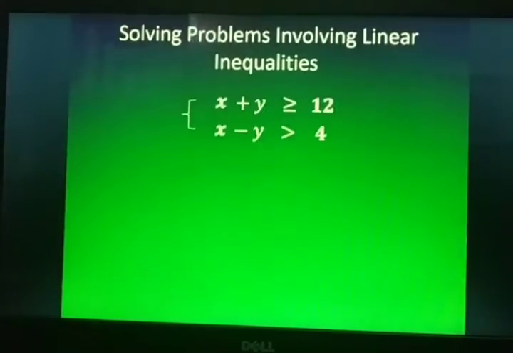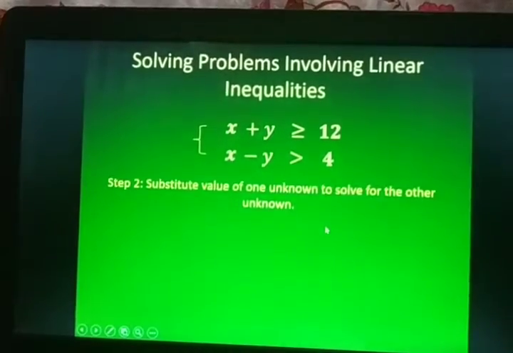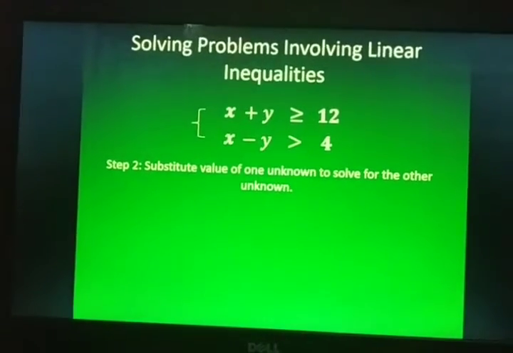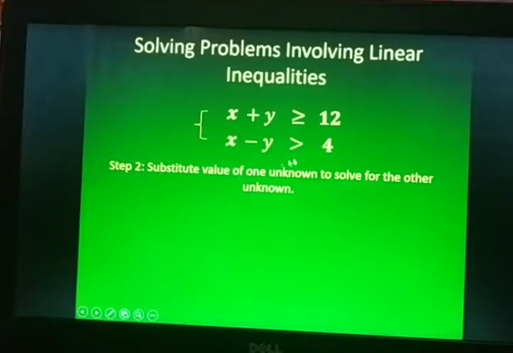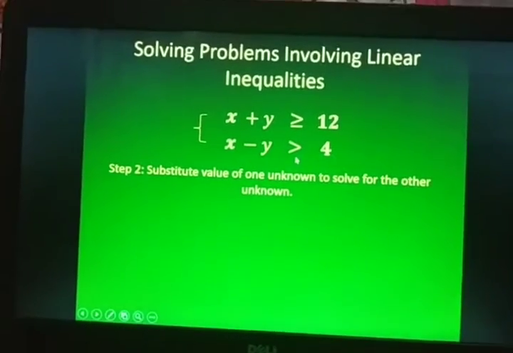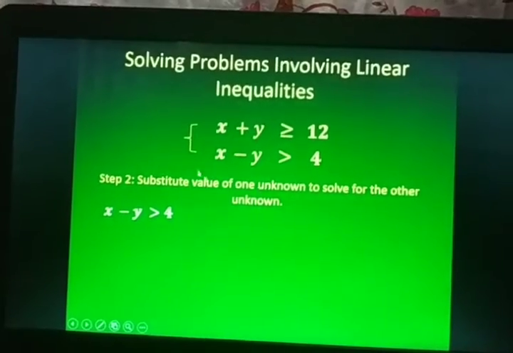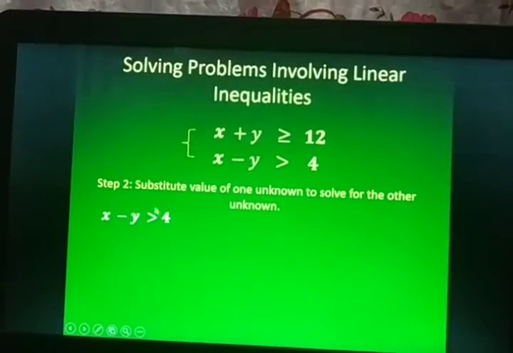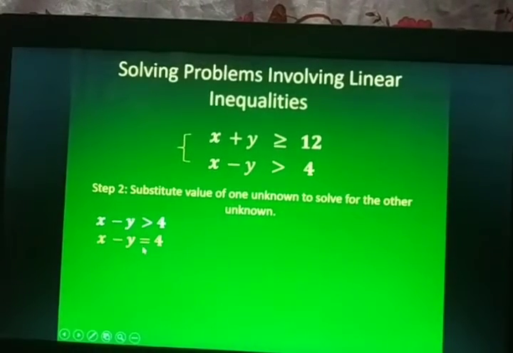So, let's answer. Using that system, substitute the value of one unknown to solve for the other unknown. Wala ta values ng x or y. So, we'll choose one of them and then derive some values ng x or y. So, I have chosen here the second linear inequality. We'll change the greater than sign into equal sign first. There.